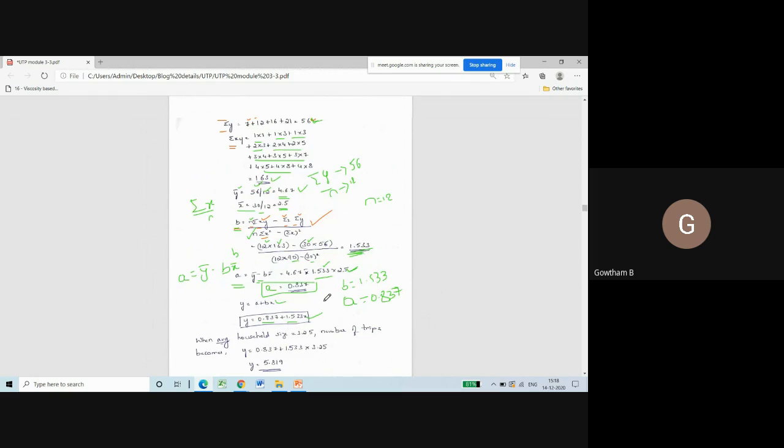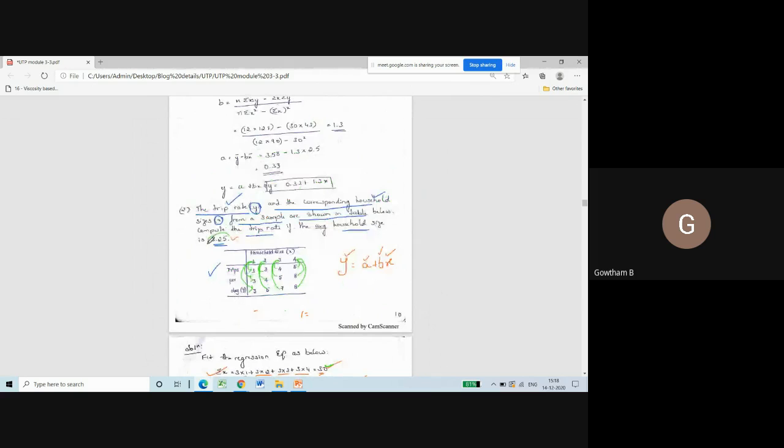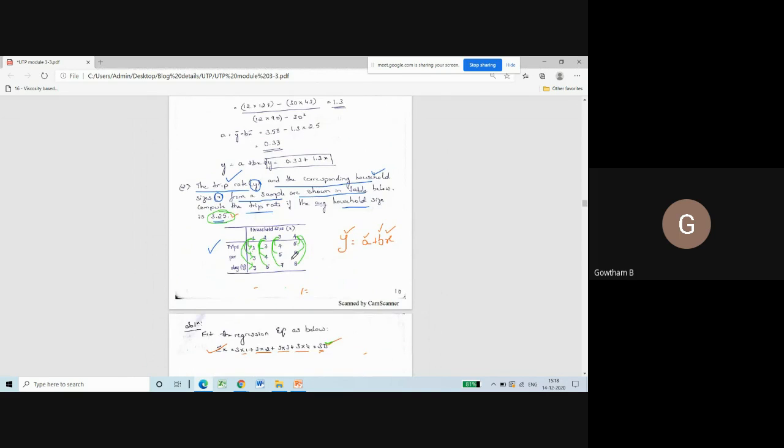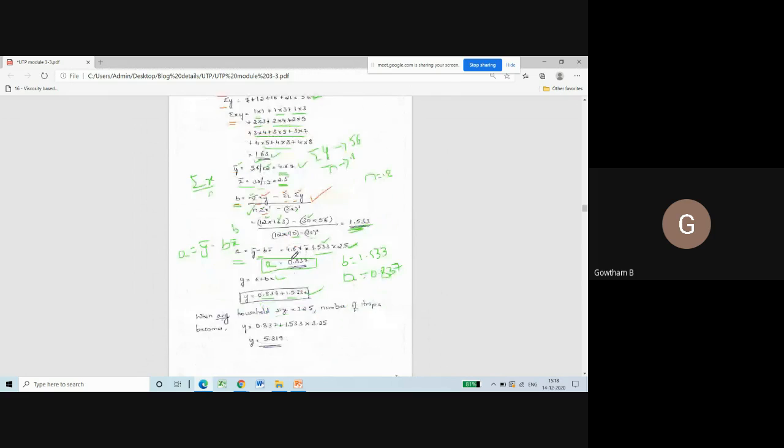But the problem is asking that if the x value, that means if the household size becomes 3.25, you have to calculate what the y value is. That means what is the total number of trips produced if the x value is 3.25. Therefore, in this equation, for this x, you substitute 3.25. I substituted here: y is equal to 0.837 plus 1.533.